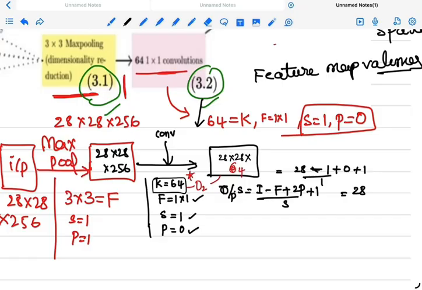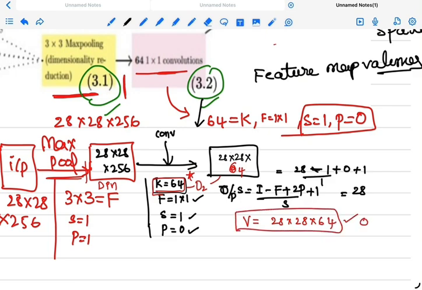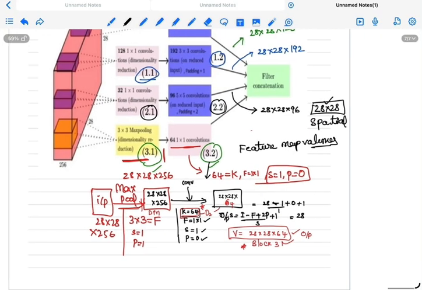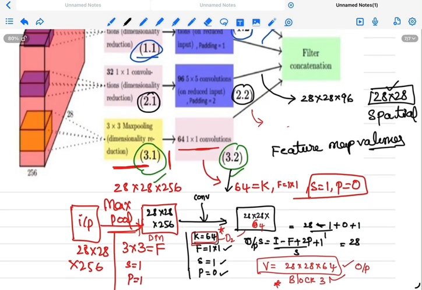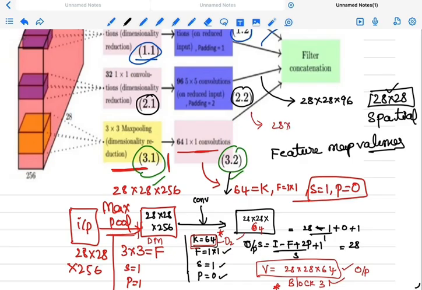Up to here the depth was the input depth Dn, and after this the number of kernels is mentioned. So the feature map volume is 28 cross 28 cross 64. This is the final output from block 3.